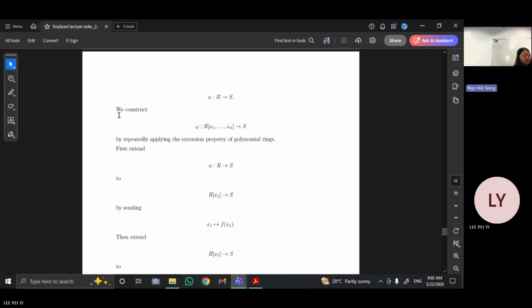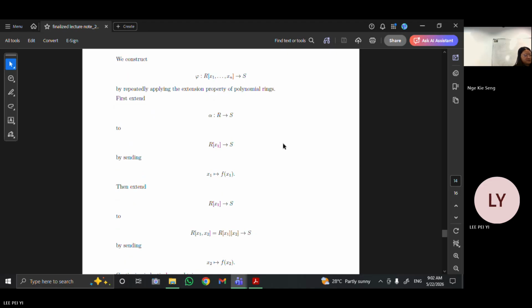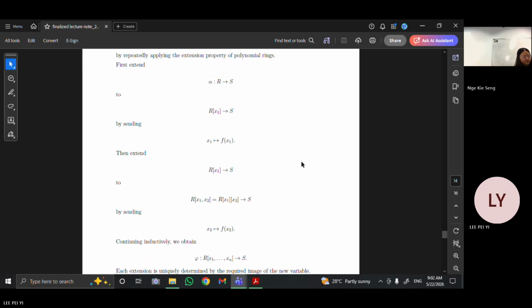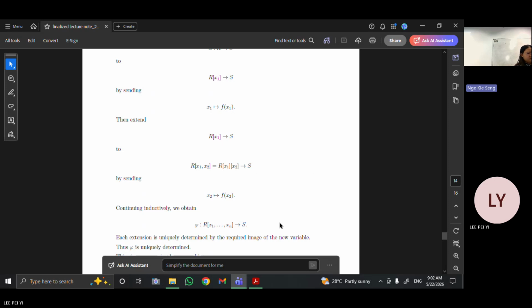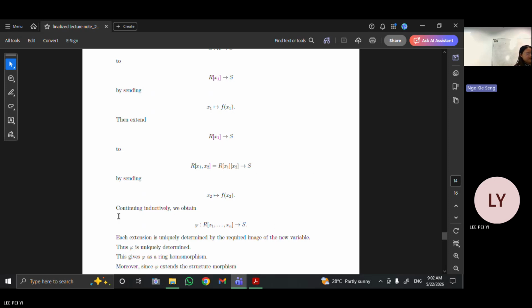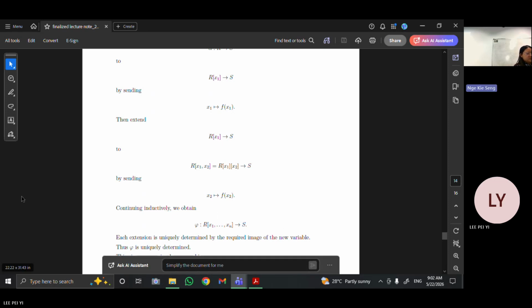So we construct the phi, and as I mentioned before, it's by repeatedly applying the extension property of the polynomial ring. So we continue inductively, and then we obtain the result.